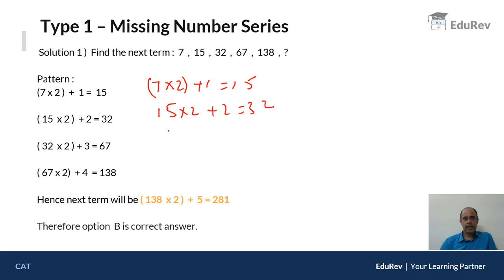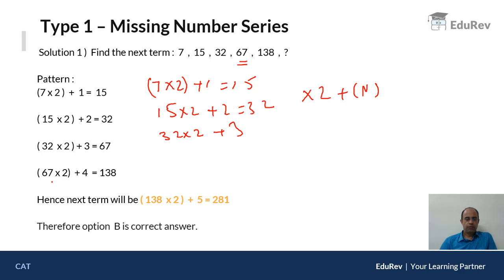The next term should ideally be 32 into 2 plus 3. 32 twos are 64, plus 3 is 67, which is the number given there. Hence, the pattern is into 2 plus natural numbers starting from 1, 2, 3, and so on and so forth.